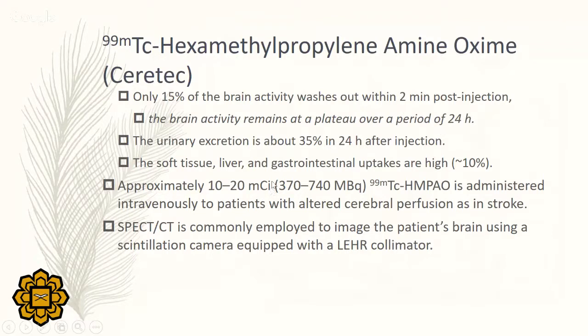They use the same dosage, about 10 to 20 millicurie, intravenous, as with ECD. Usually we use it with altered cerebral perfusion as in stroke. And the same imaging method, you use the SPECT CT with LEHR collimator, the same steps and the same method as with ECD.